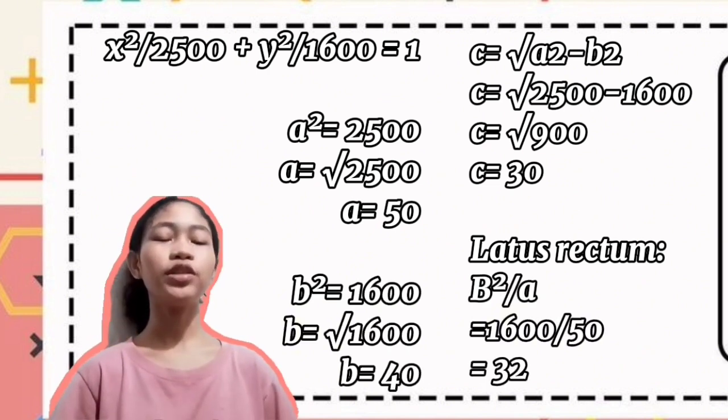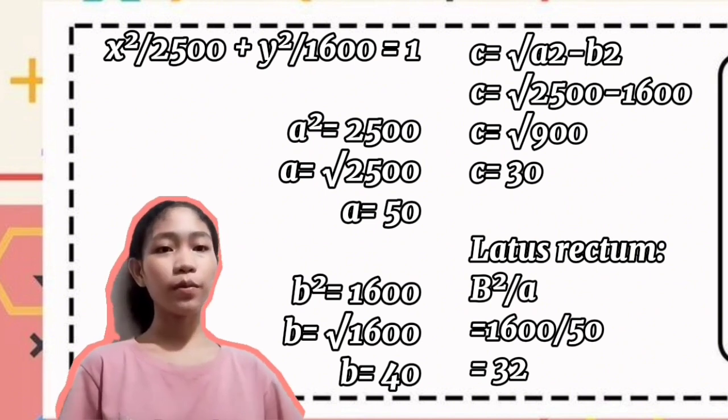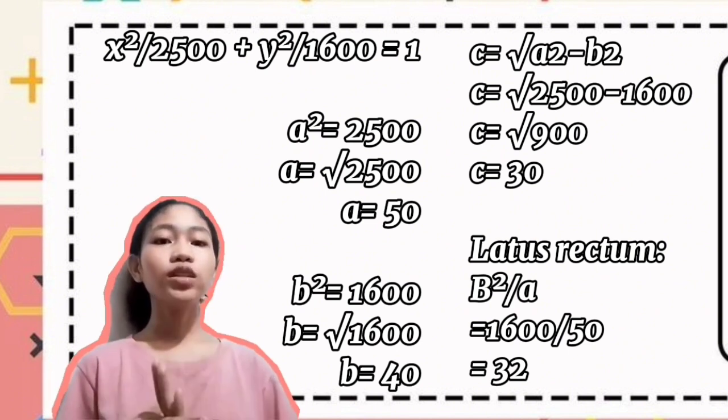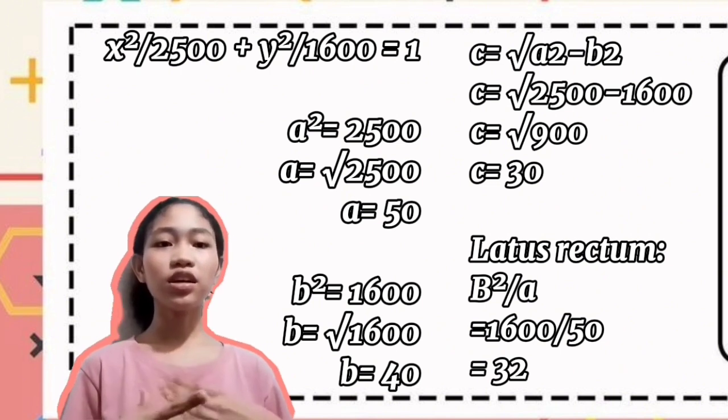Standard equation for number 3: x squared over 2,500 plus y squared over 1,600 equals 1.